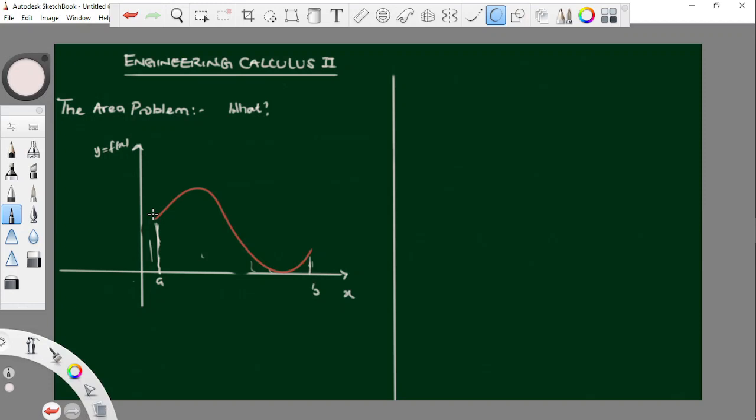So if we have a curve where the height is constantly changing, why don't we just use stripes? Let me use a different color so that the point comes out. So let's say I have a stripe, I have a stripe, I have a stripe. We can tell, so this is the area, right?